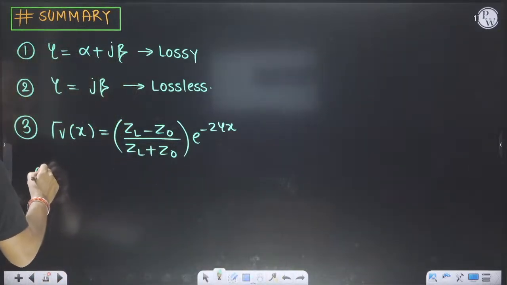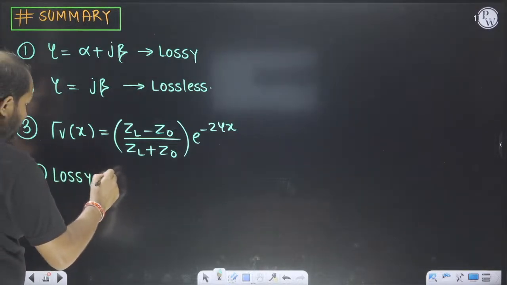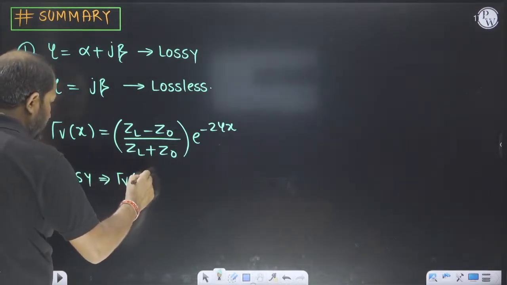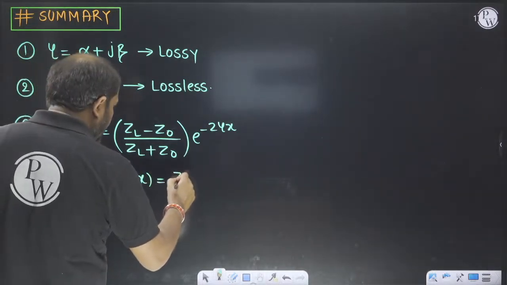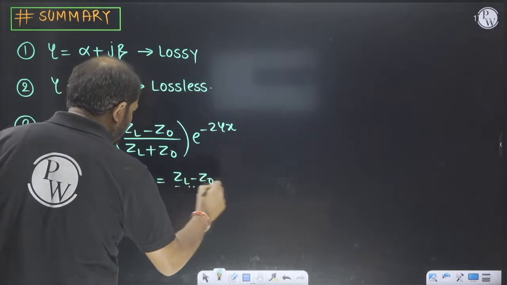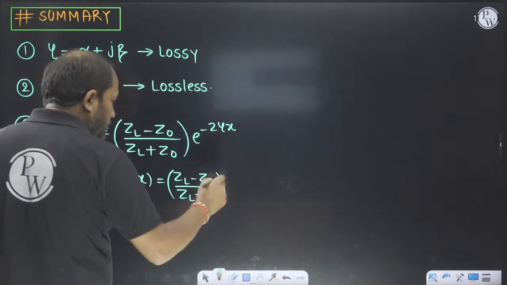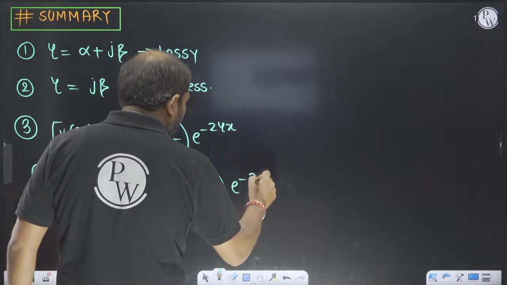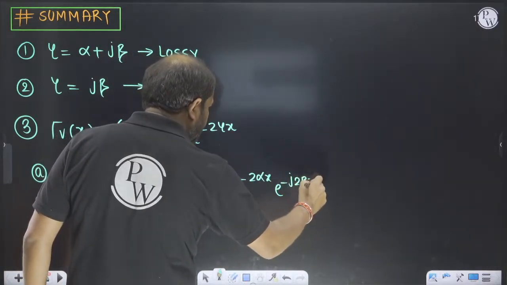In case of lossy, what will you write? You will write gamma vx is equal to (zl minus z0) upon (zl plus z0) and e to the power minus 2 alpha x minus j2 beta x.